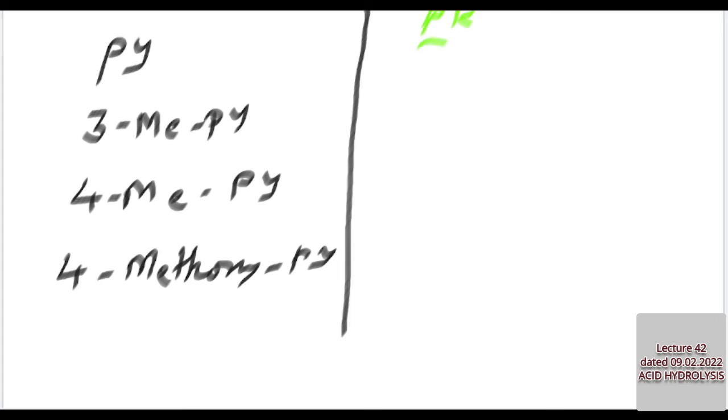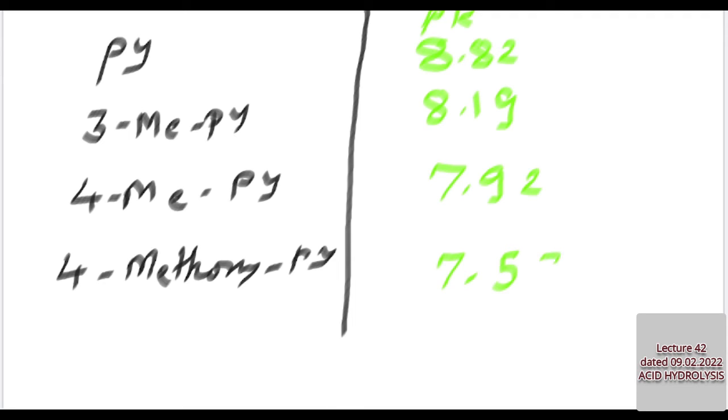That pK value is 8.82 for only pyridine. It was found 8.19, then 7.92, then 7.53. So substituted pyridines have different pK values.